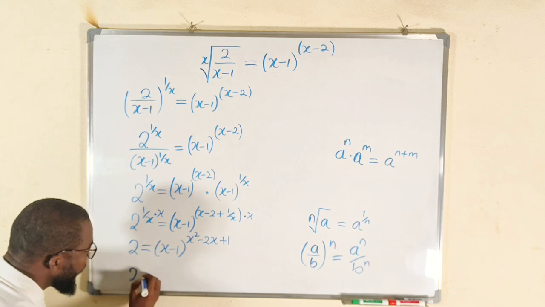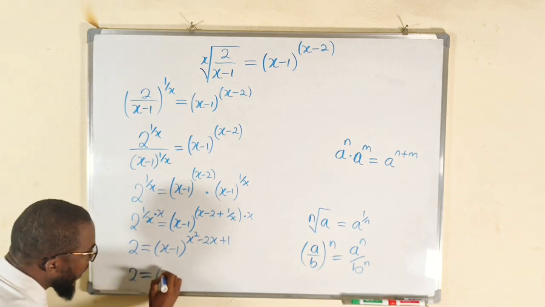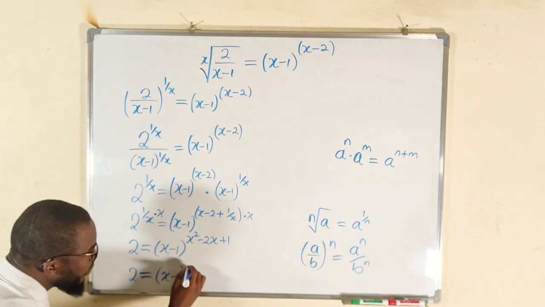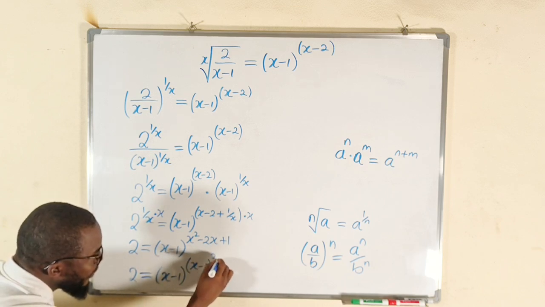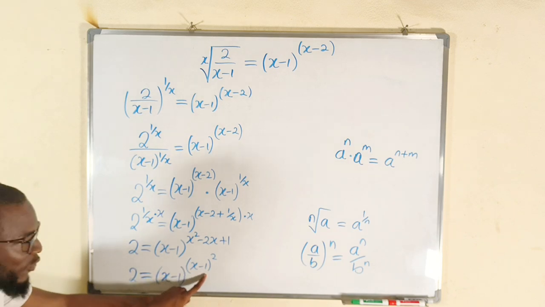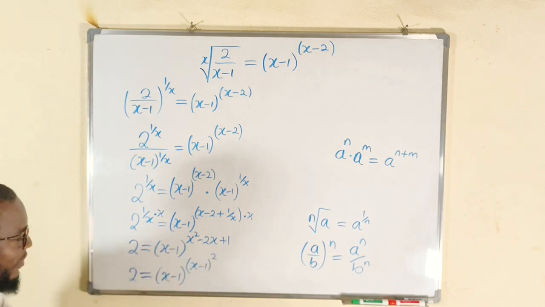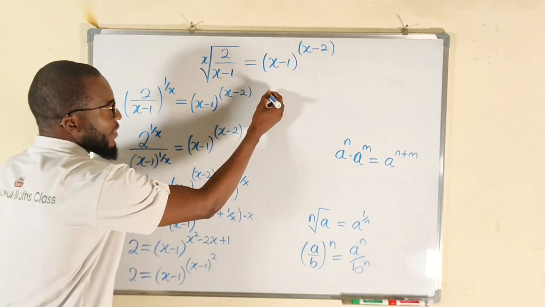So we have 2 equals x minus 1 raised to the power of x minus 1 raised to the power of 2, because x minus 1 to the power of 2 is the same thing as this. Let's move to the other side.